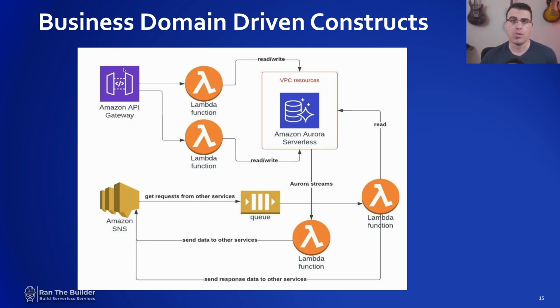And I have the asynchronous part: an SNS with an SQS, and a Lambda function that is triggered from the SQS. And I have another Lambda function that is triggered from the Aurora streams. So you see there is a connection between the two parts. They have the CRUD and the asynchronous part, but there are basically two domains.